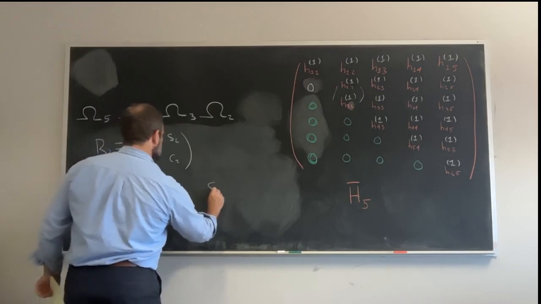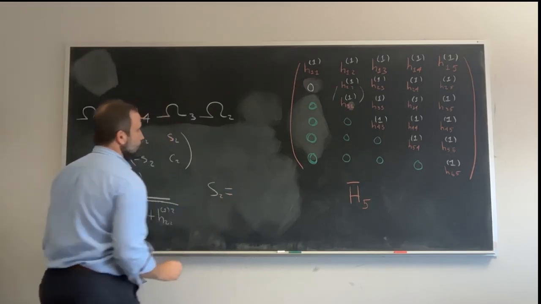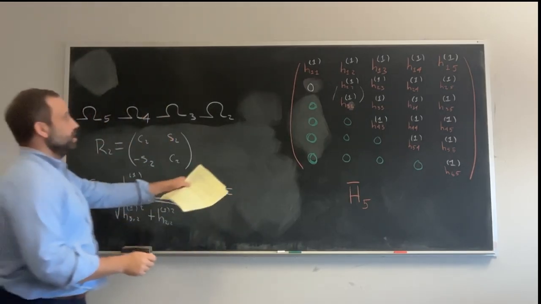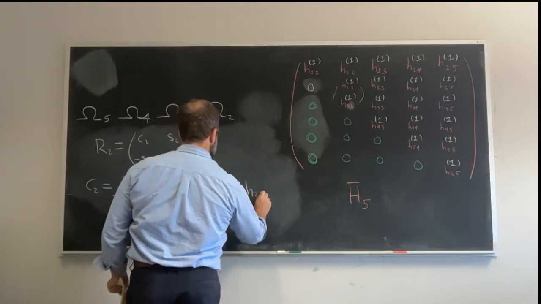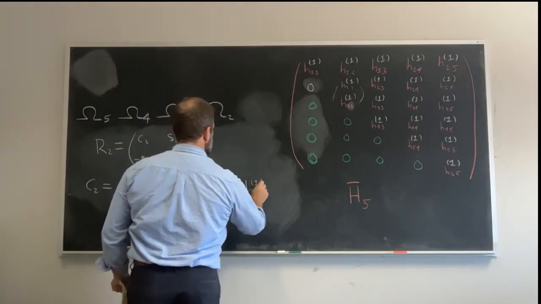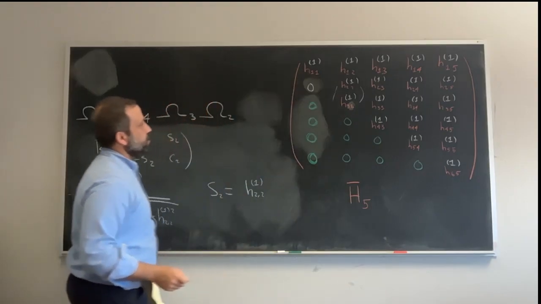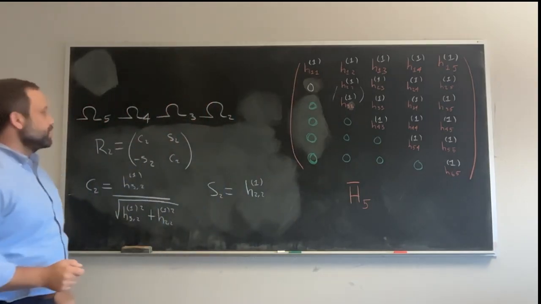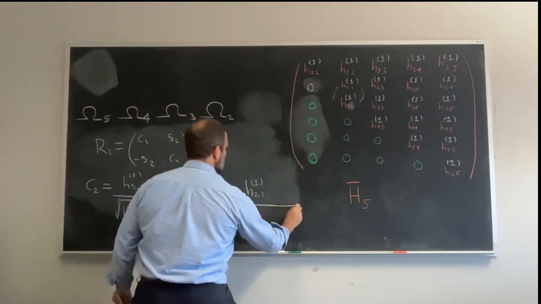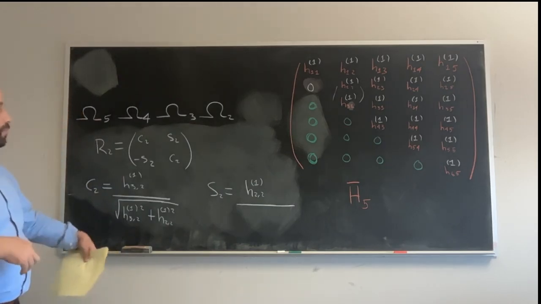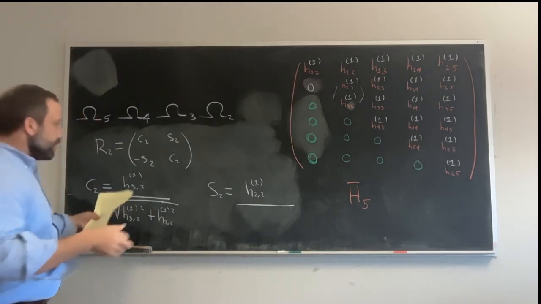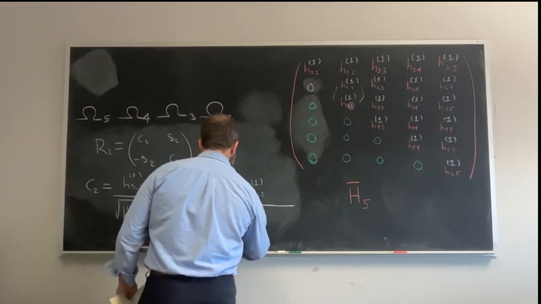And then S2 is going to be very similar. It's going to be H22 in the top. Now, this entry will definitely be affected by omega 1, but again, it doesn't matter for what we're doing. We're just going to put that superscript of 1 on all of them, since potentially they will all change, but in reality only a few of them will change.